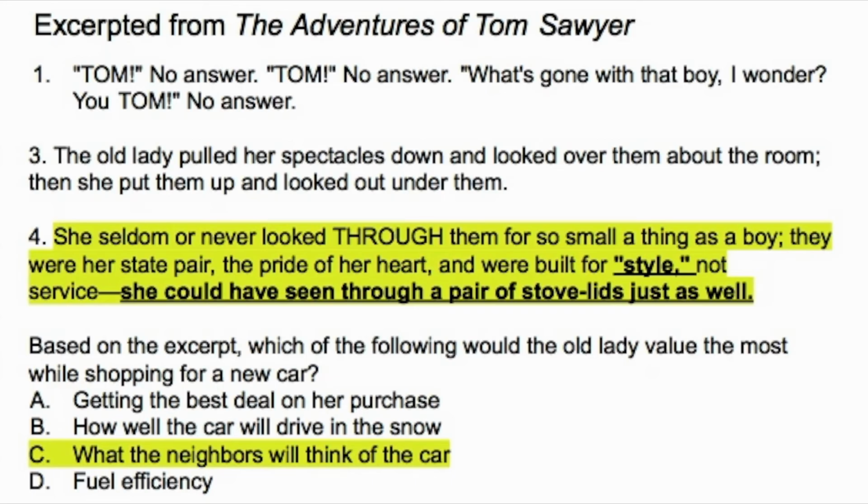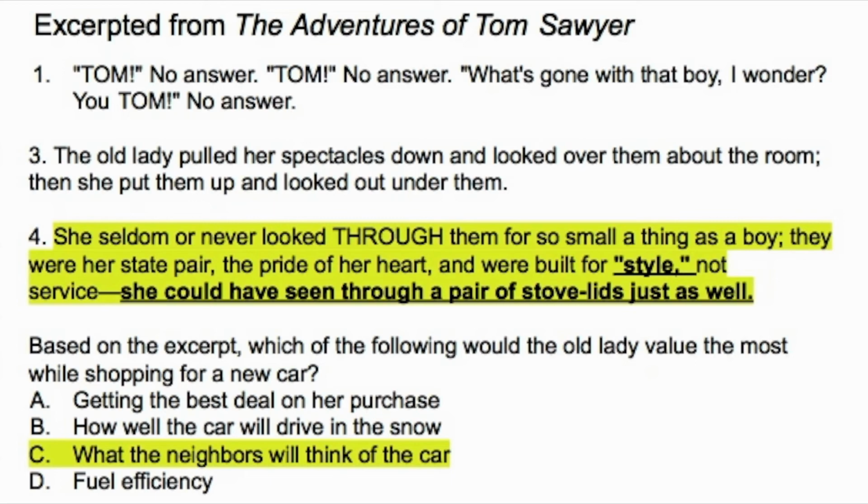The answer here is C. The thing she would most care about when shopping for a car would be what the neighbors think of the car. This is an inference question, right? We're not told anything in the story about what kind of car this lady would buy. We're just making an educated guess based on what we know about the lady and her character.